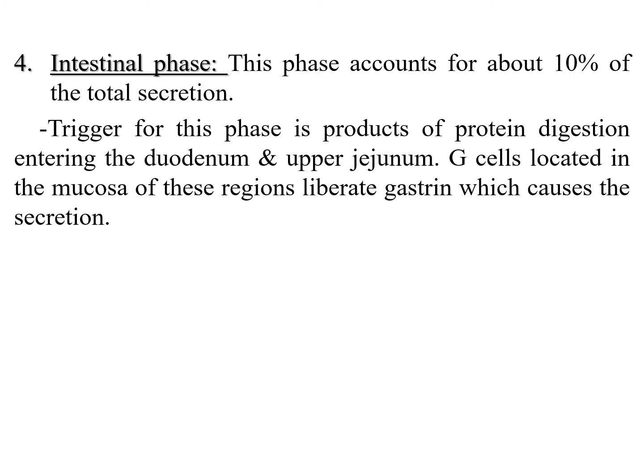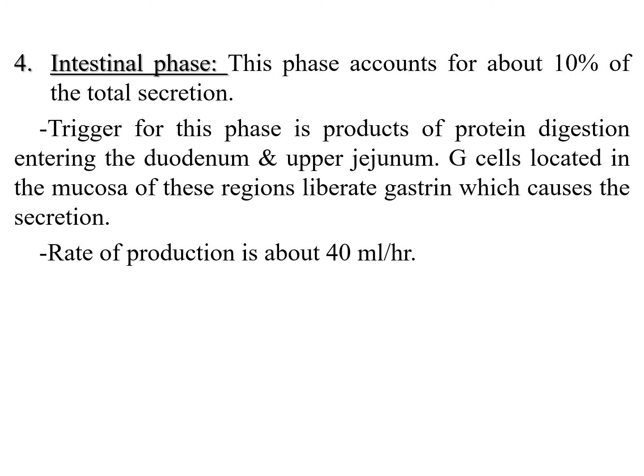upper jejunum. These areas of the gastrointestinal tract also have the G cells, just like in the antral mucosa. These G cells, on being stimulated by the products of protein digestion, liberate gastrin that causes the secretion of acid peptic juice from the gastric mucosa.